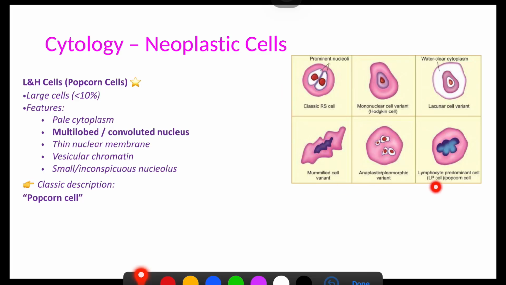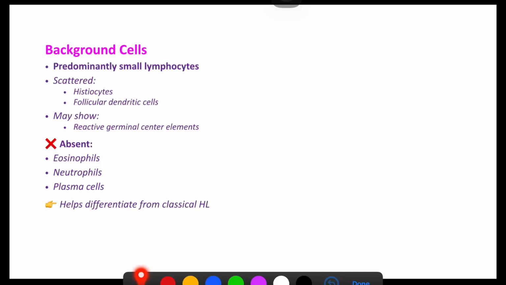In Hodgkin's, you can find different types of neoplastic cells: the classic RS cell, the mononuclear cell variant called Hodgkin's cell, water clear cytoplasm which is called the lacunar cell variant, the mummified cell variant, and the anaplastic or pleomorphic cell pattern. Here the popcorn cell is predominant.